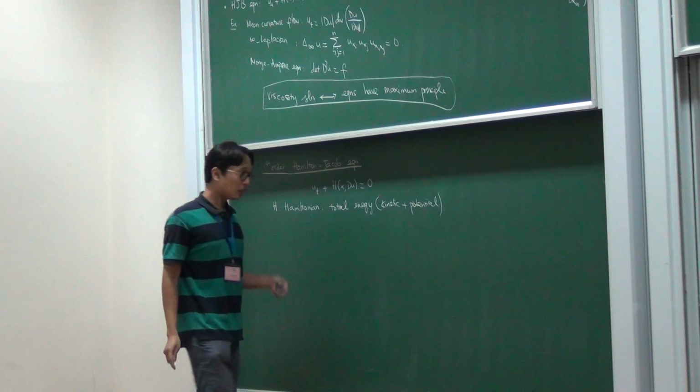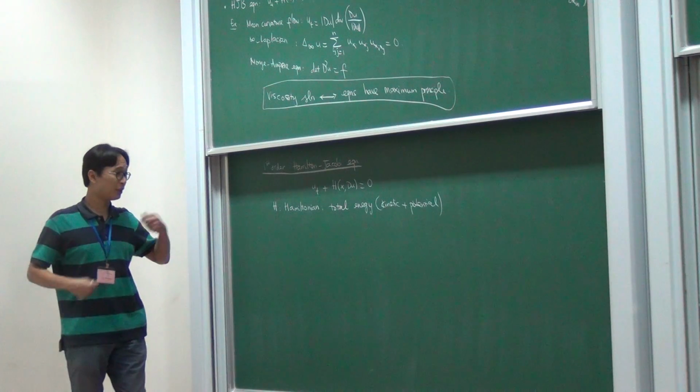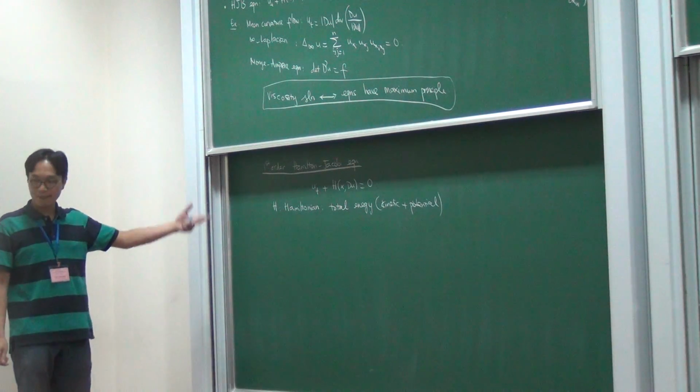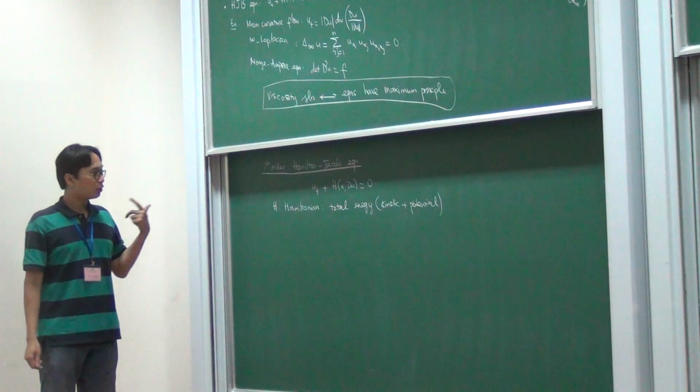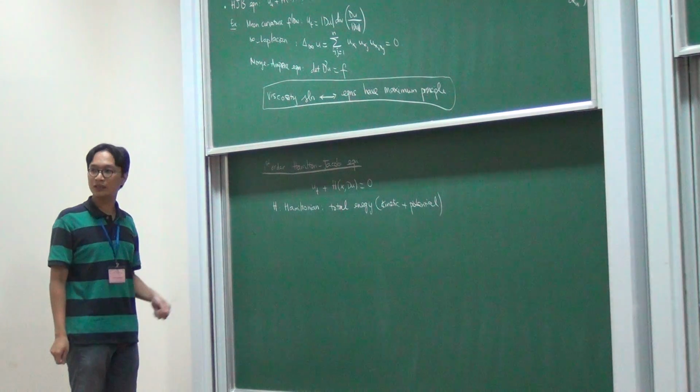I will give you some interpretation later about why H is a Hamiltonian, why it is the total energy. In general, we have the Hamiltonian, and normally the total energy is conserved and so on and so forth. But to go that way is too long.